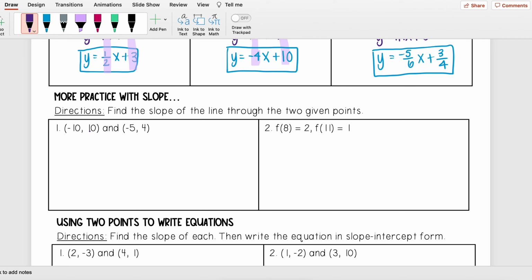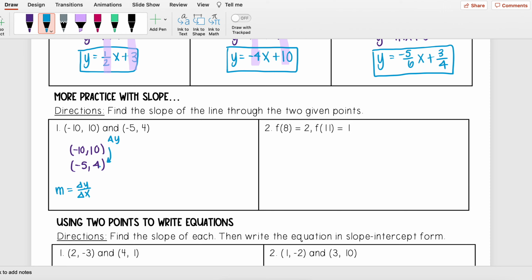Okay, so I have (-10, 10) and (-5, 4). The first method I showed you was the stacking method, so I'm going to go ahead and stack these. And if you recall, my slope is really my change in y over my change in x. And so my change in y, I am looking to see from my y coordinate, how do I get from 10 to 4?